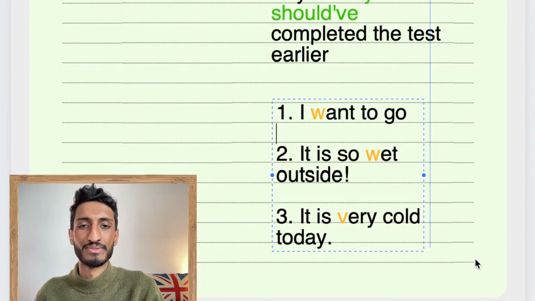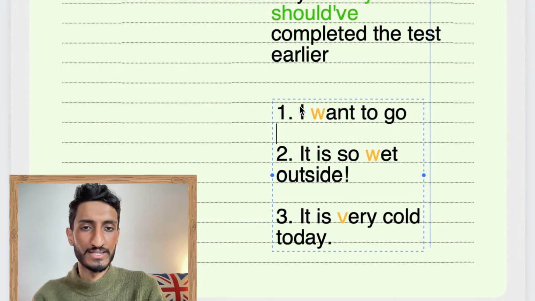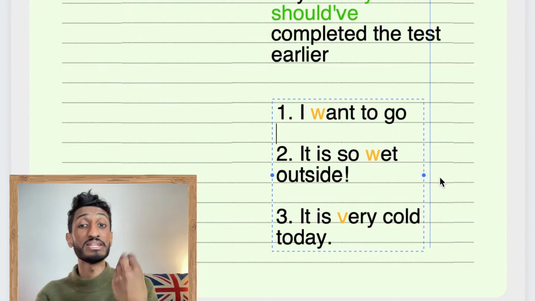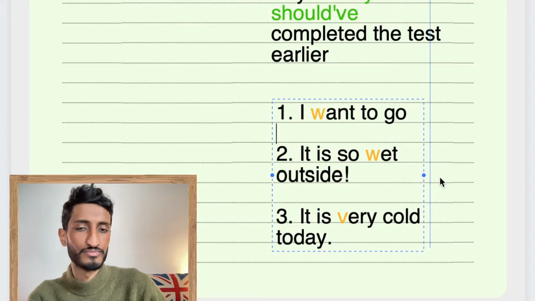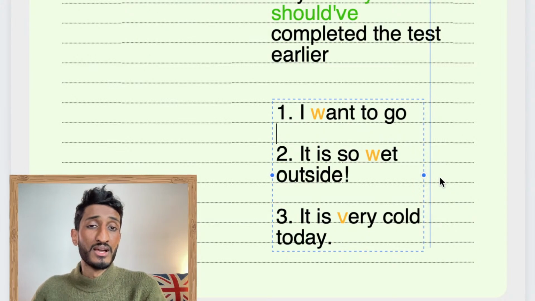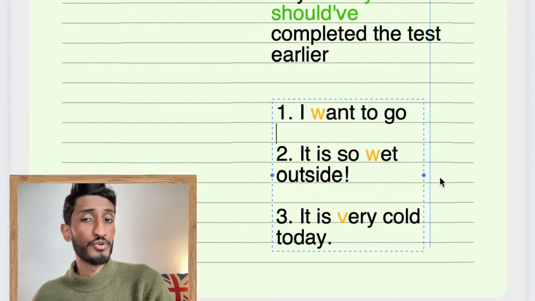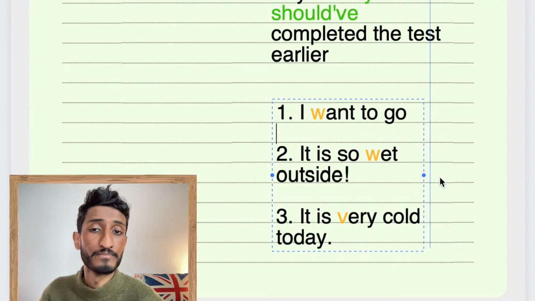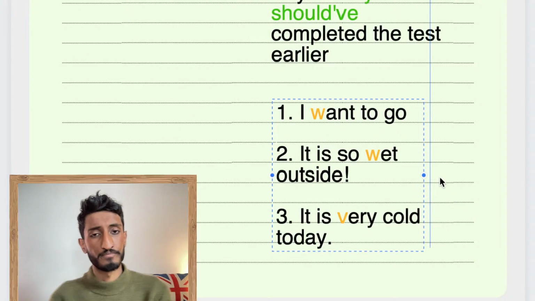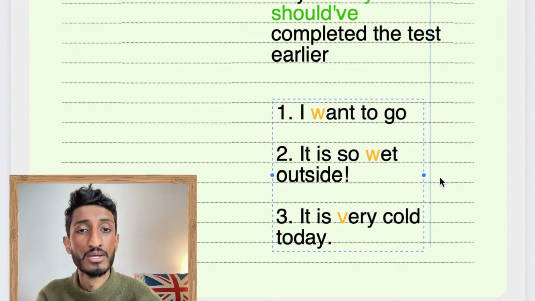Glad you're enjoying. So let's investigate the differences between the sounds here. So I'm going to read it in the Indian accent, all three of them, and then we're going to switch it to the British. I want to go. I want to go. Number 2.